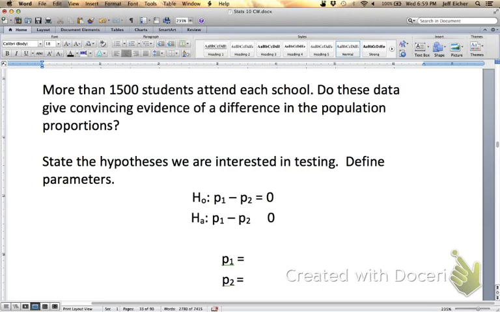What sign, however, should I use? The key word here is, is there evidence of a difference between the two schools? We don't know if school 1 or school 2 is better or worse than the other, so we just say, is it different? So we have to put in a not equal to sign.